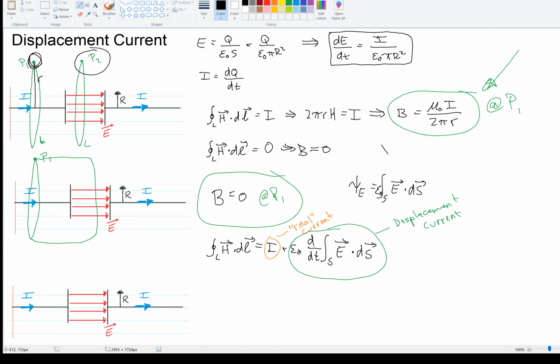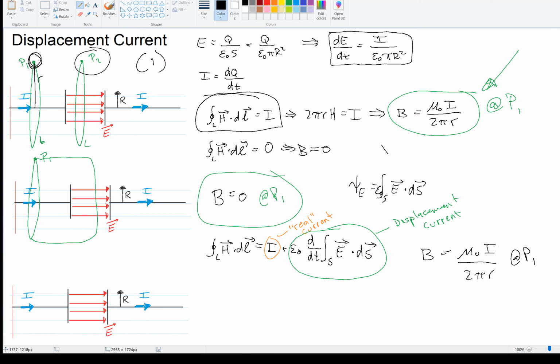So in this first situation, figure 1, the green term that I've circled is 0, and it reduces to this thing. And so even with the amendment here, we get a magnetic field like this at point P1. Again, no electric flux through this surface, so this integral is 0.